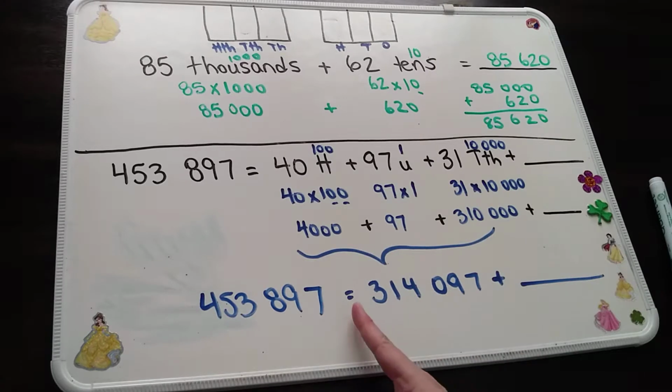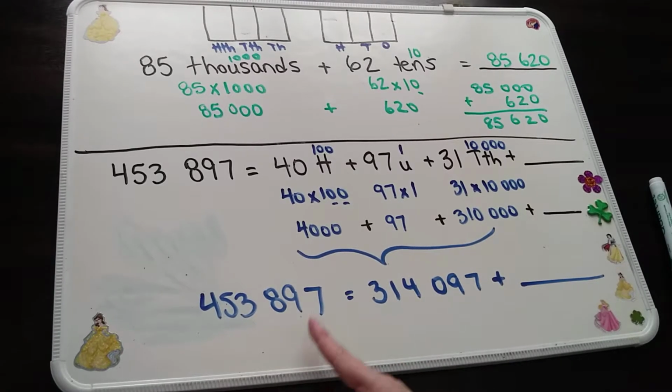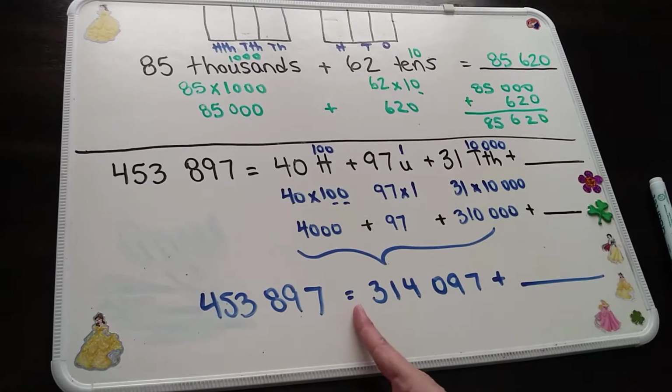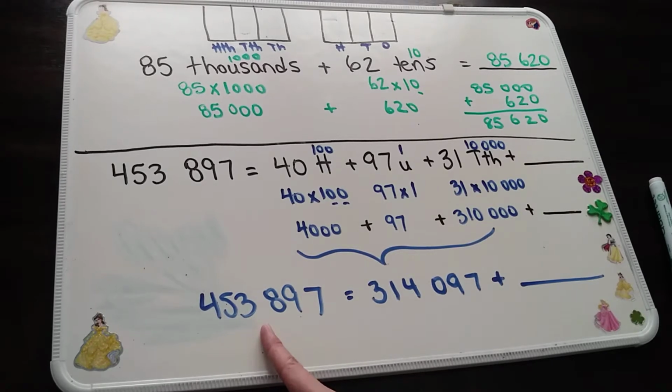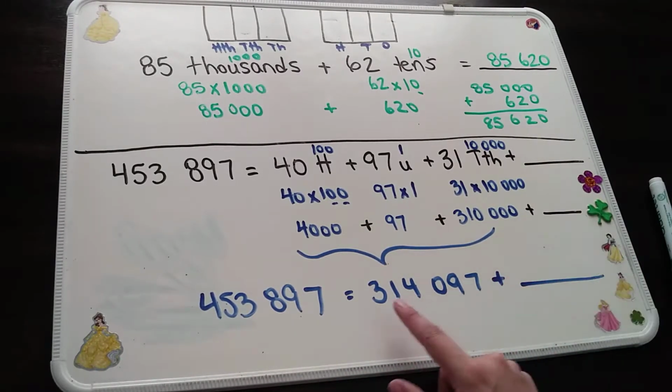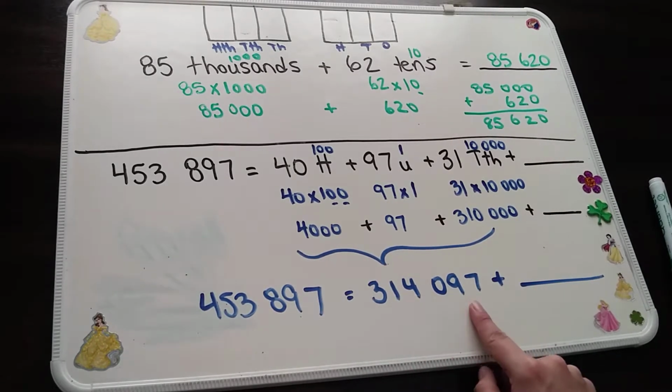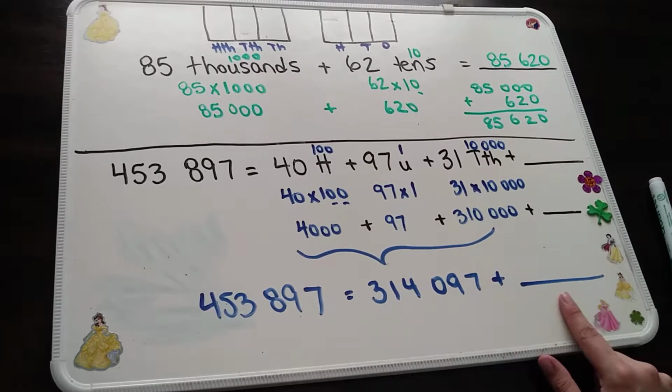So remember, even if that equal sign is on a different side, it's still doing the same job. I want to make both sides equal, or the same, equivalent. So one side, 453,897. The other side, so far, I have 314,097, and I need to find out what's missing.